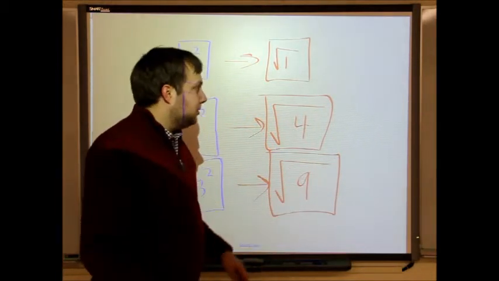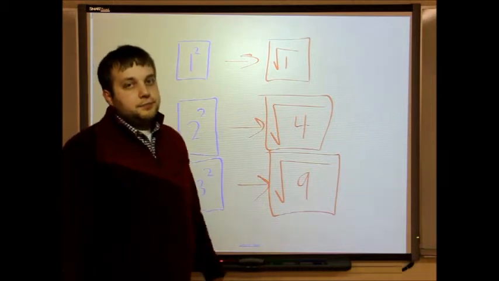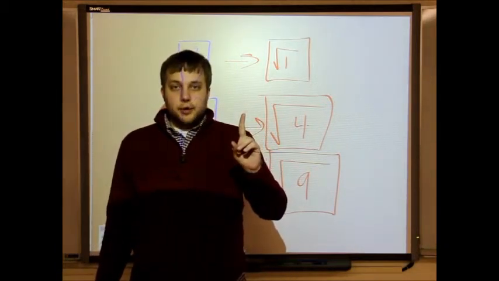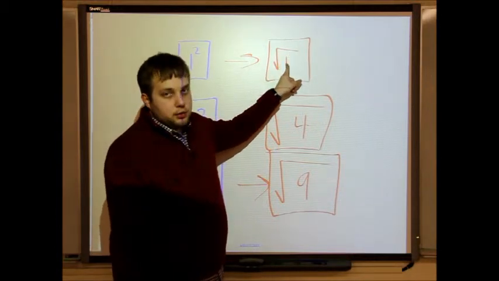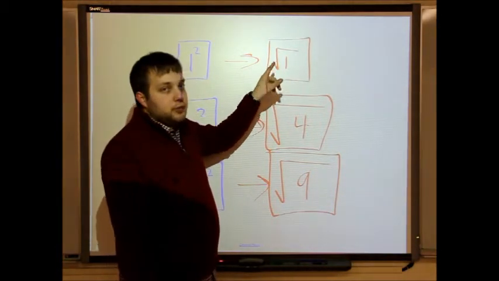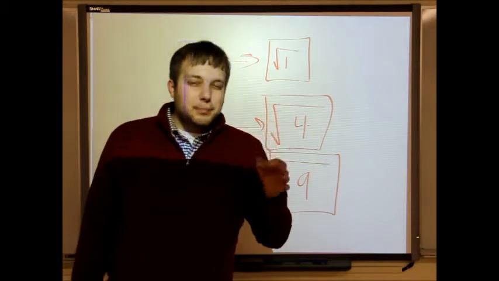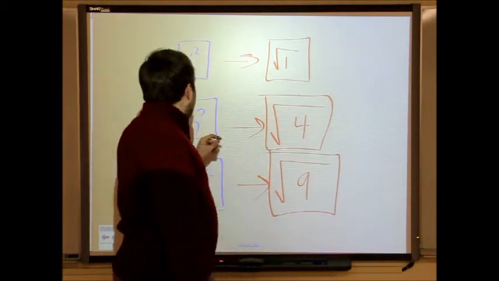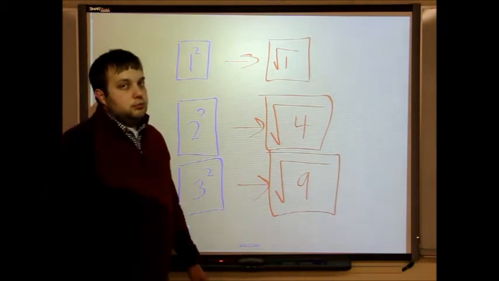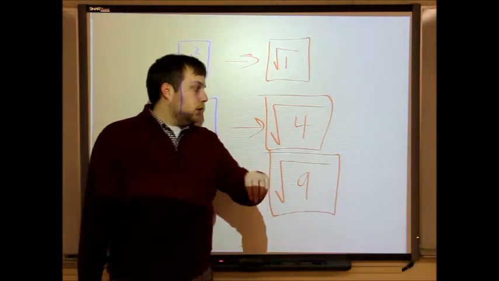How are these relatable? Well, what's 1 squared? 1, right? Okay? What's the square root of 1? 1. Now remember what square roots means. What multiplied by itself gives me 1. Alright? What's 2 squared? 4. Okay?